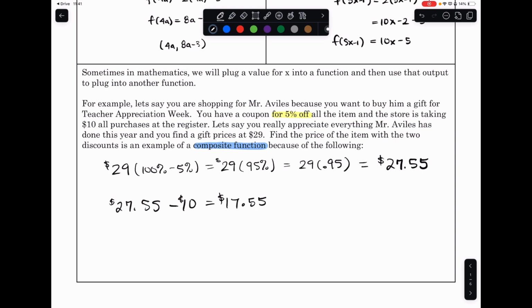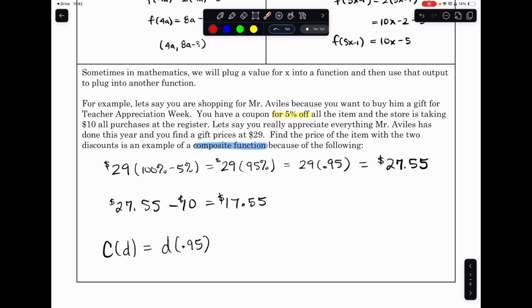So for example, if I write this as a rule, I'll say C for coupon, C of D, for dollars, is that I'm going to get the dollar amount of the item and multiply it by 95%, so 0.95, because the 5% discount means 100% minus 5%, which is 95%. So I'm only going to pay whatever the dollar amount is multiplied by 95%.